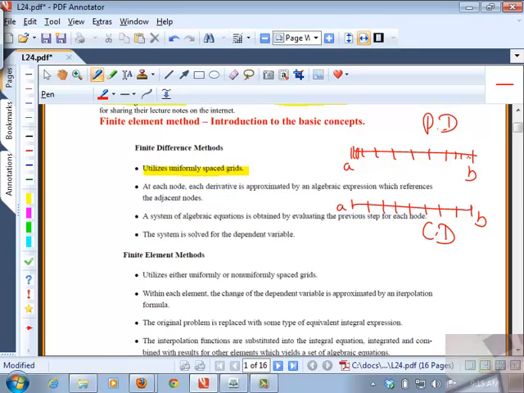I can space them at both ends, crowd them, or how do I achieve that? I achieve that by making a transformation. If this is the original coordinate system X, I create a new coordinate eta. Okay? So there is a relationship between X and eta. I come up with that relationship.